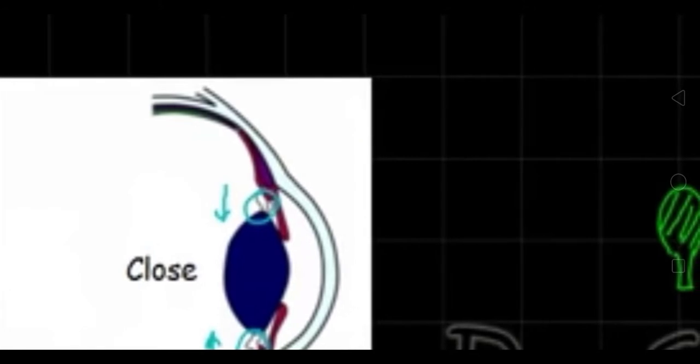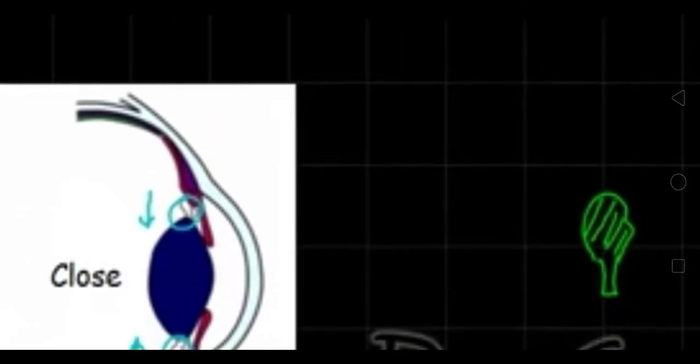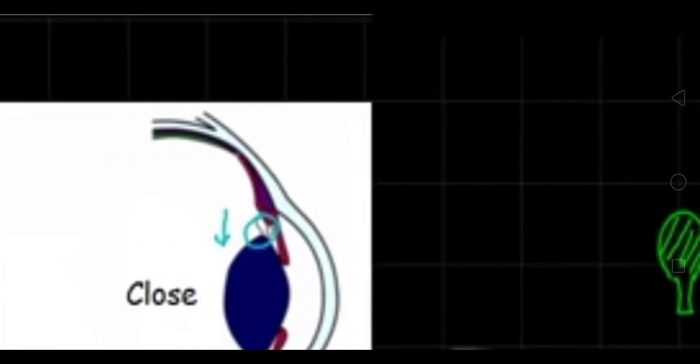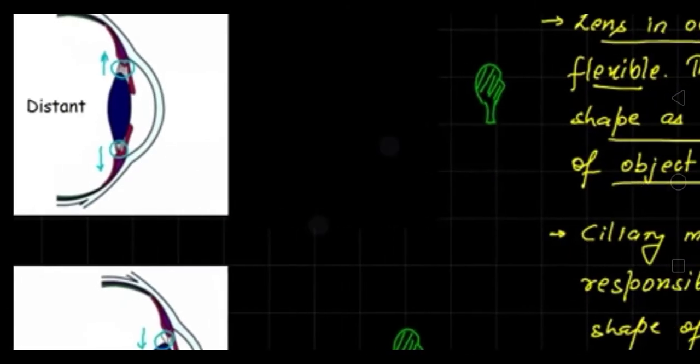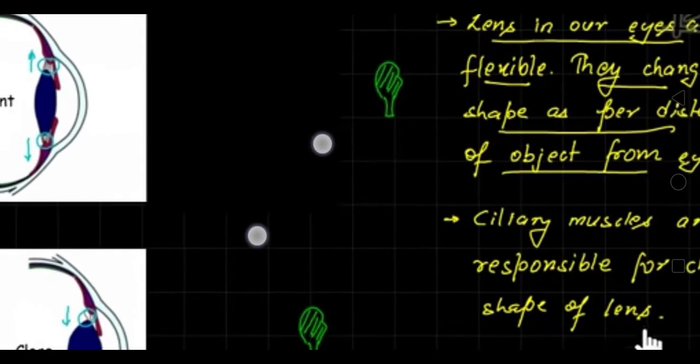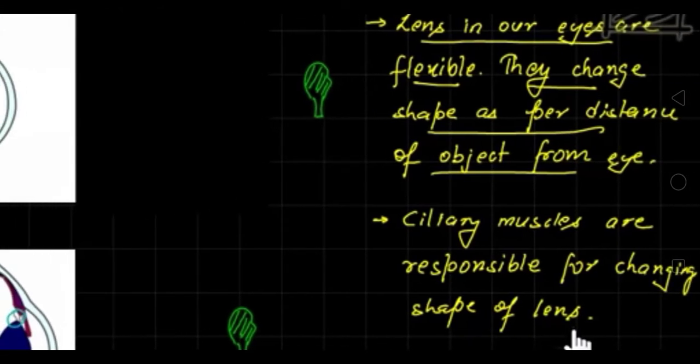When we see a close object, the ciliary muscles contract. And when we see a distant object, the ciliary muscles expand. So these ciliary muscles help to see distant and near objects by adjusting the lens.